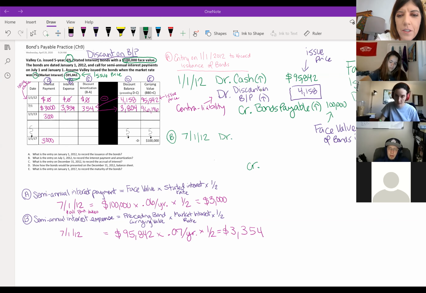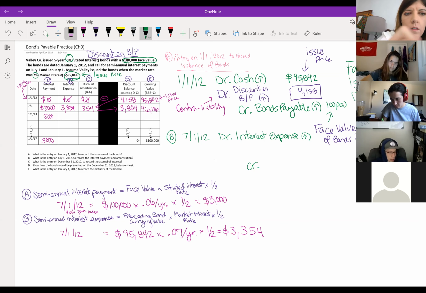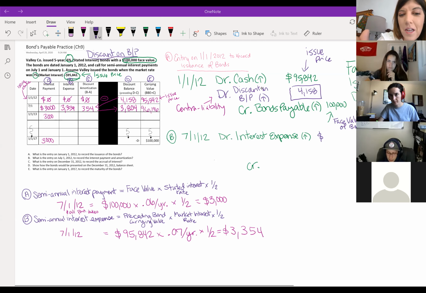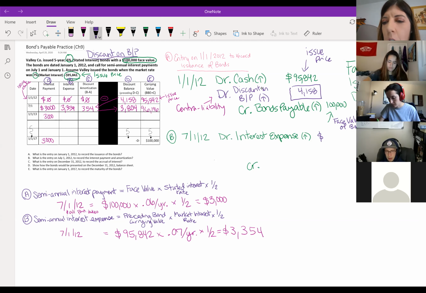So debit interest expense, increasing interest expense by how much? Close. How much am I going to debit interest expense by? 3,354. Correct. So column B, 3,354.